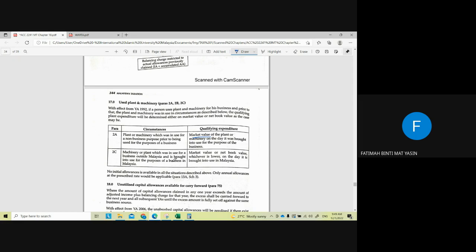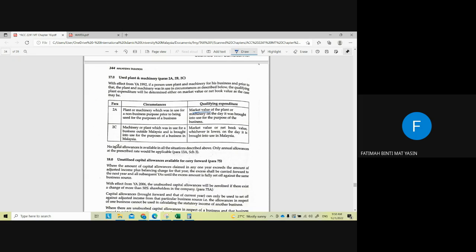Okay, and then for the machinery or plant which was used for a business outside Malaysia and is brought into use for the purposes of a business in Malaysia, how you determine the QPE is you take whichever is lower between the market value or net book value on the day it is brought into use in Malaysia. Say the market value is 100,000, net book value is 90,000. So it means that you must take 90,000.